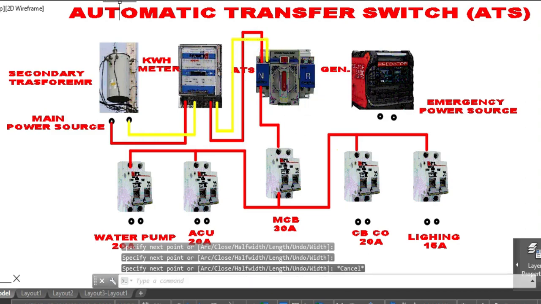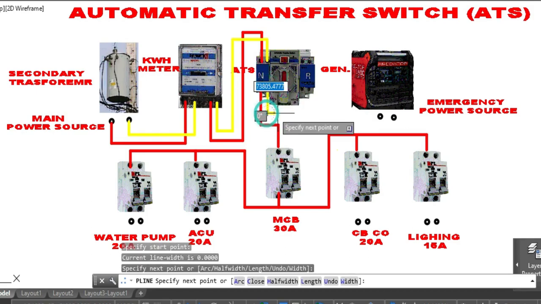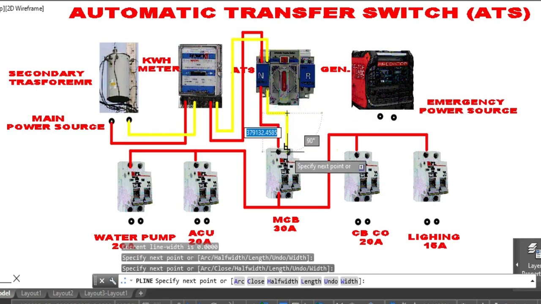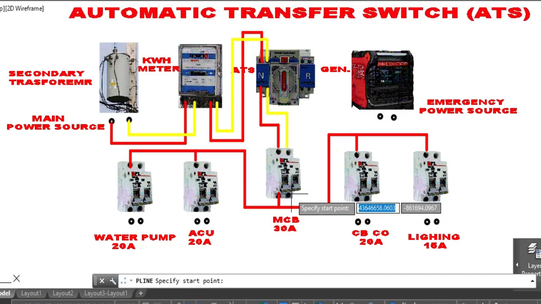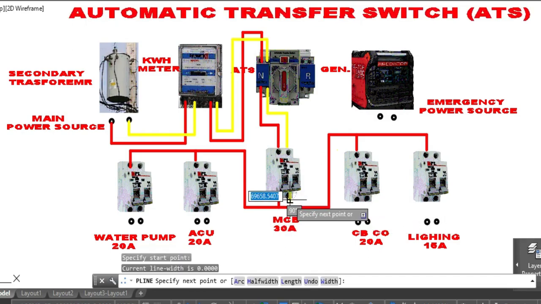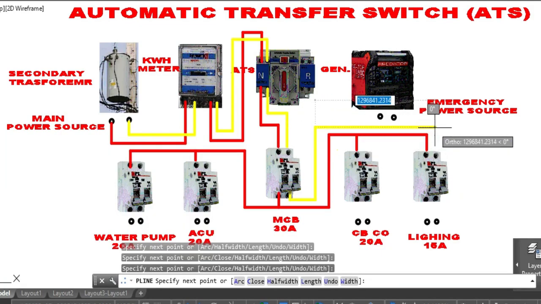From the load side of the ATS, it will be connected to the line side of the main circuit breaker. And then from the load side of the main circuit breaker, it will be connected to the line side of the distribution circuit breaker.